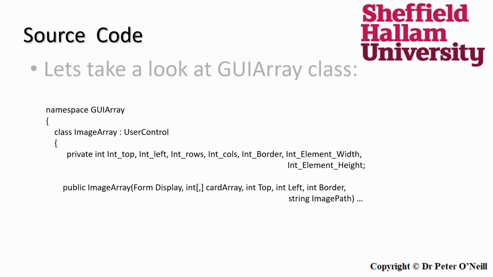Then we send it a two-dimensional array called card array. And then we send it the top, the left, the border, and then where we've actually put the images. This basically works out dynamically all the grid locations for each image and places the relevant image in the relevant square depending on what is in the int array at that designated area.